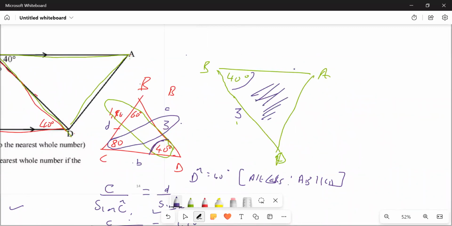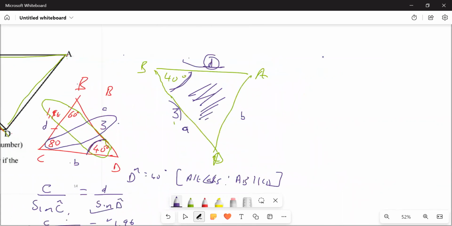Now, what are we looking for, Tim? Let's name this thing here. I will say this one here is small letter A. This one will be small letter B. And then this one is small letter what? Small letter D. Yeah? So what are we looking for, Tim? We're looking for small letter D. Okay? Now, the area, we spoke about this. The area is going to be a side. Actually, you have this side. We are looking for the side. And then you have this side. Okay? And then you have an included angle. So if we're going to write the area of this thing here, we can write it this way.